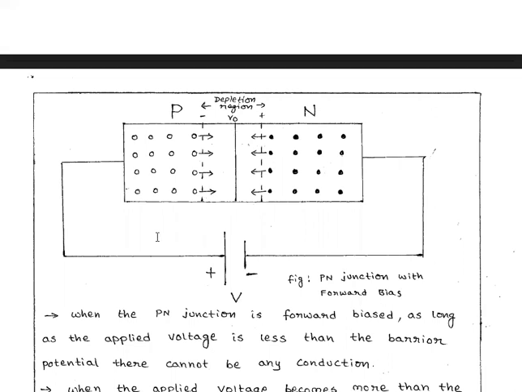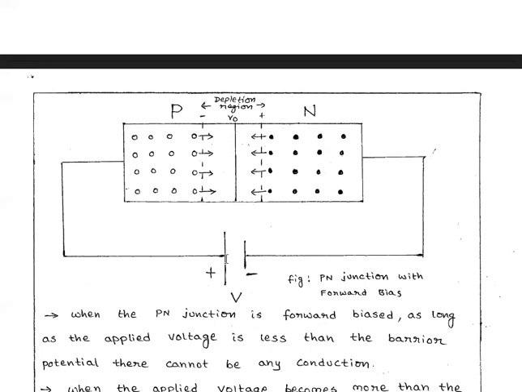When the applied voltage becomes more than the barrier potential, that is, this barrier potential voltage is less than this battery, in that scenario, the negative terminal of the battery pushes these free electrons against the barrier potential from N-type to P-type region.